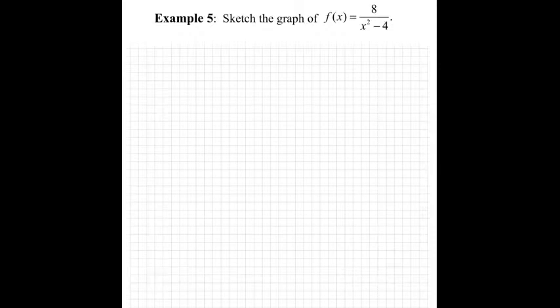All right. So we're asked to sketch the graph of this function. First place to start, let's look at any intercepts. I think we stopped at 6, but there were a couple more, I think a total of 8. I usually like to start off with the y-intercept.